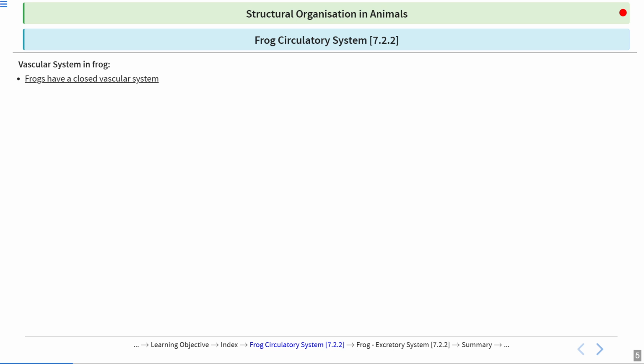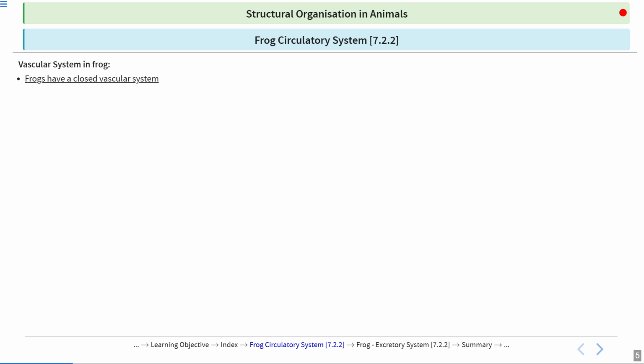There are two different types of vascular system, open type and closed type. When we were studying the animal kingdom, we discussed this closed and open type of vascular system. In the open type of vascular system, the heart pumps the blood directly over the cells and the tissue, right?